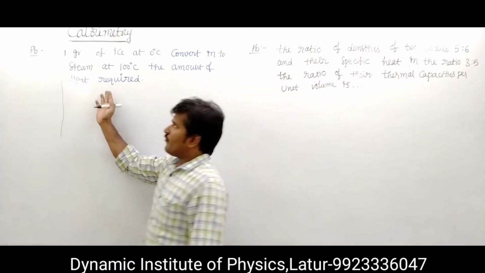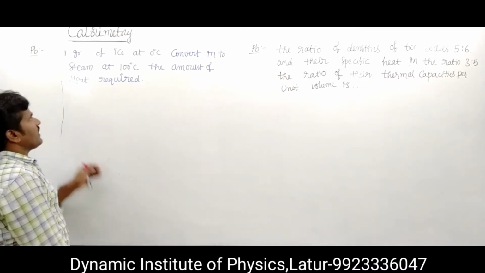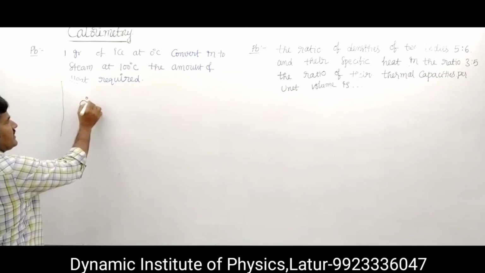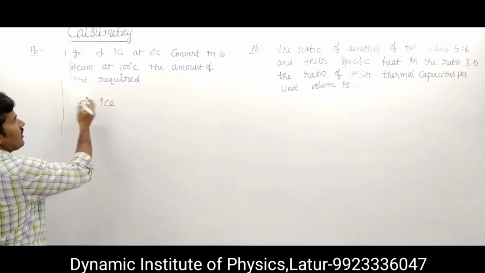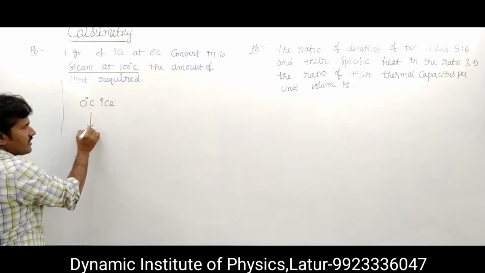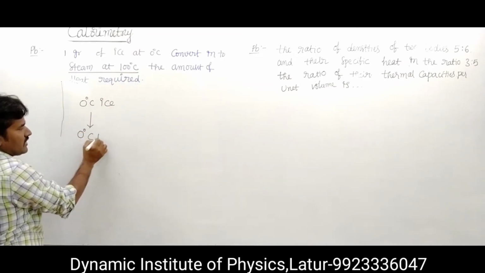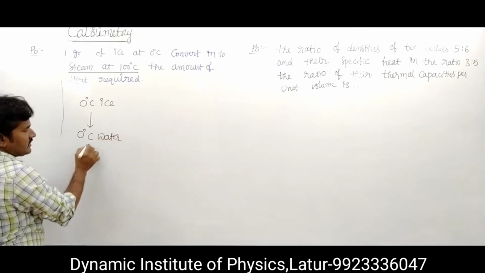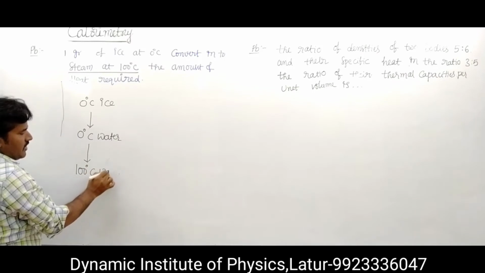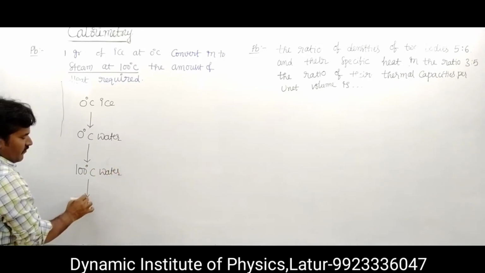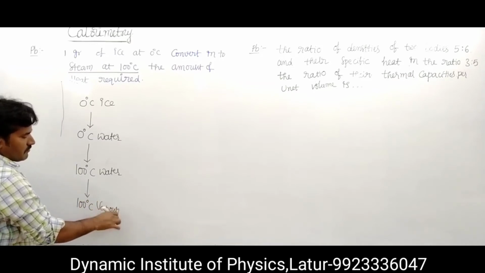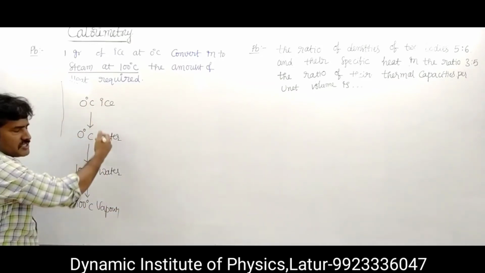Now the given problem is 1 gram of ice at 0 degree centigrade converted into steam. That means ice is converted into 0 degree water, and 0 degree water converted into 100 degree centigrade water, and 100 degree centigrade water converted into 100 degree centigrade vapor. These are the different stages.